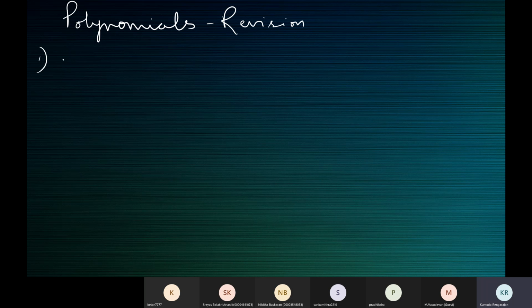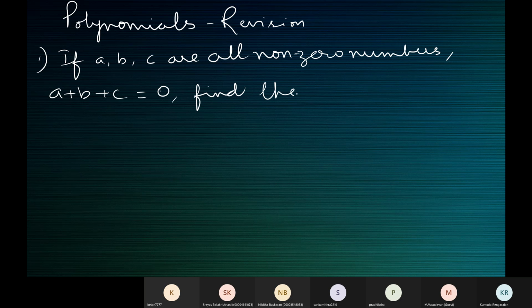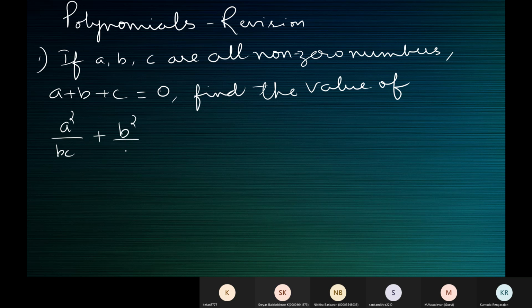Yes, please take down this question. If A, B, C are all non-zero numbers, so non-zero meaning they're not zero.